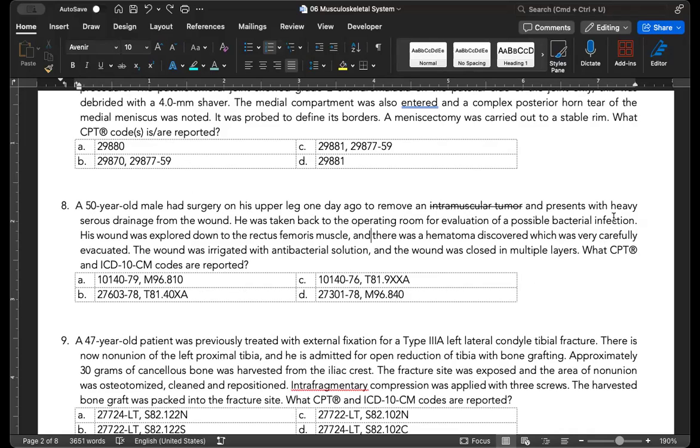Let me find them very quickly. I use the word "very quickly" very loosely. So you have 1B.